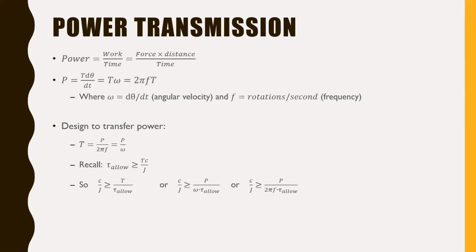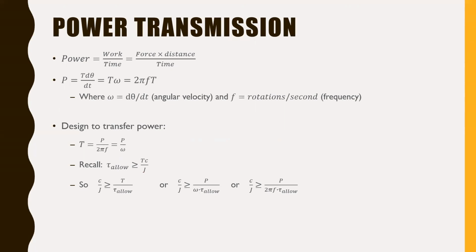Power is a measurement of work over time. Work can be expressed as a force times a distance. So force times distance divided by time. So when we're looking at angular displacements, angular distances, we have the torque multiplied by d phi dt, the derivative of the angular motion.